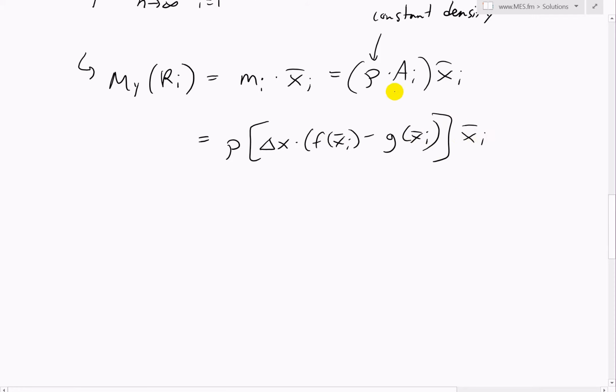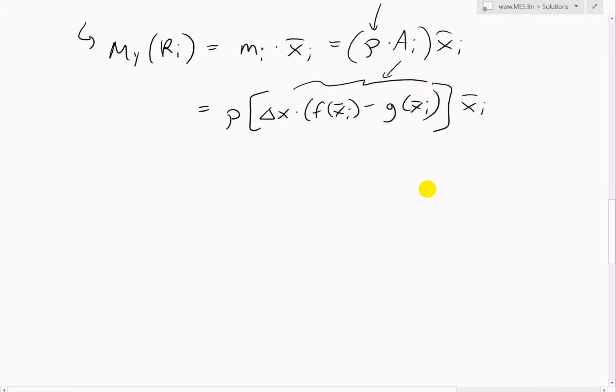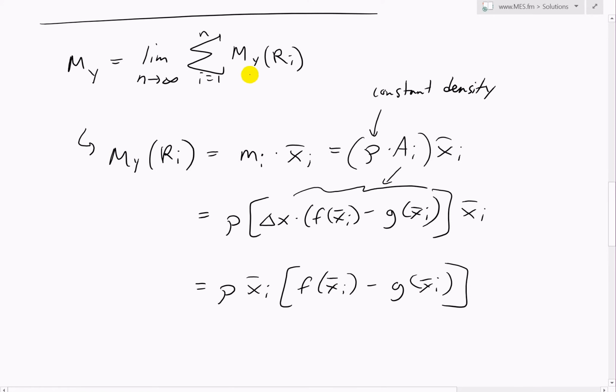So that's the area. And now we just simplify this further, and then we end up getting rho x_i and then f of x_i minus g of x_i. So that's what our subregion is right here.